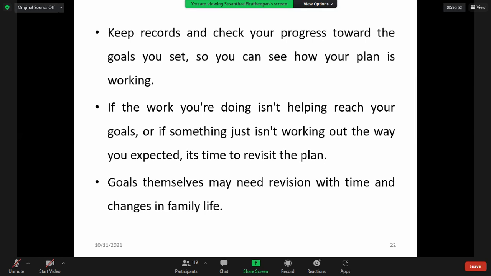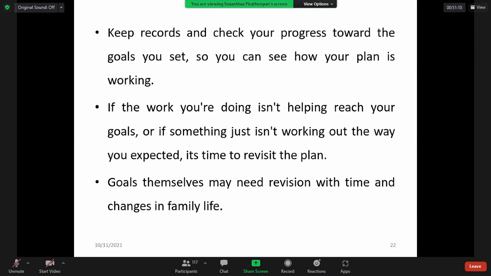Maybe the goals are changing, or the processes are changing, or the environment is changing. You want to regularly check your records and revisit your farm action plan and make sure the farm is running towards your goal.